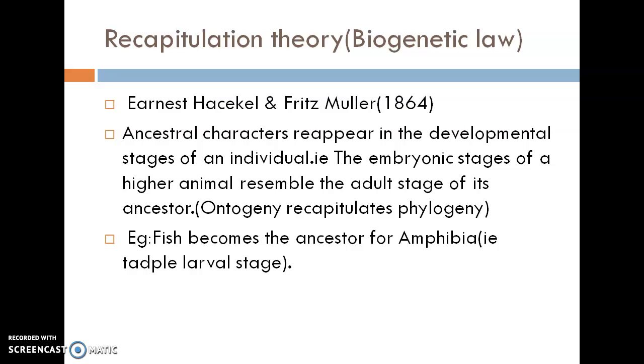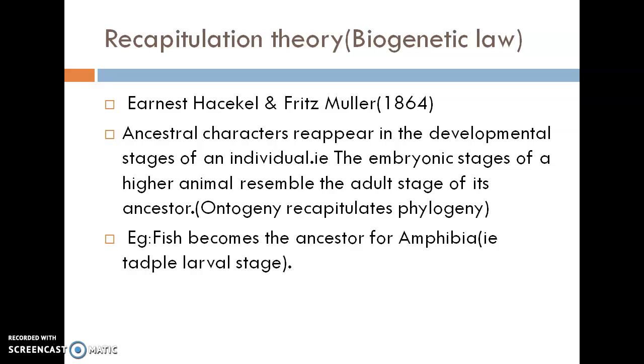That means some forms are fish-like, some forms are amphibian forms, some forms have their own reptilian characters, and finally it becomes a mammal. So it says that the embryonic stages of higher animals resemble the adult stage of its ancestor. That is called ontogeny. We can say that ontogeny recapitulates phylogeny.